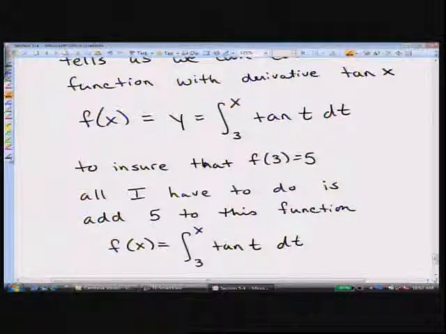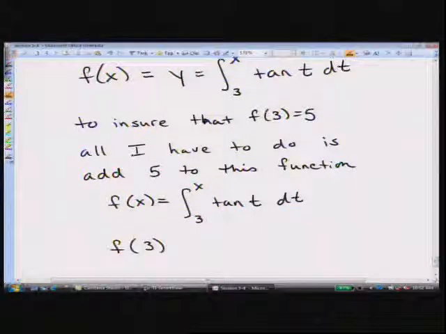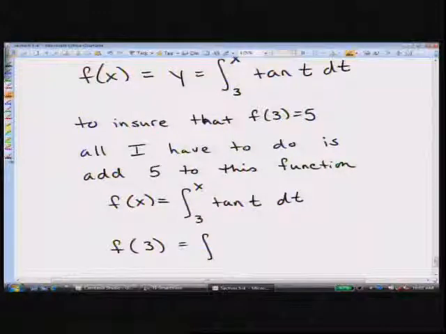then I need to make sure that f at 3 equals 5. What will f of 3 be defined as? Y'all can do this. I promise you can do this. If this is f of x, how would I write f of 3? Good.